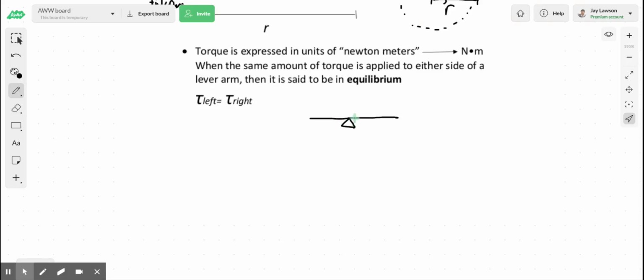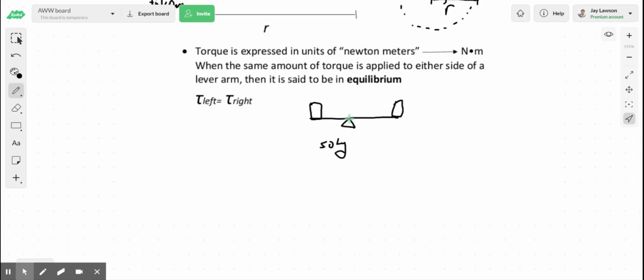So let's say we have a seesaw, and we have two people of equal mass on either side. Let's say we have a mass over here and a mass over here, and they're both 50 kilograms, and they're an equal distance from the fulcrum.